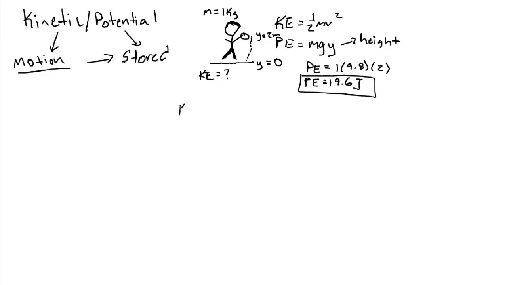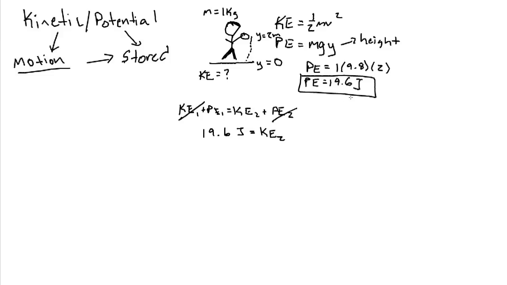In this case, you would use the conservation of energy: KE1 plus PE1 equals KE2 plus PE2. Initially, we have no kinetic energy, and where y equals 0, I've got no potential energy. So the potential energy we found at the beginning, 19.6, is how much kinetic energy I have at the bottom.